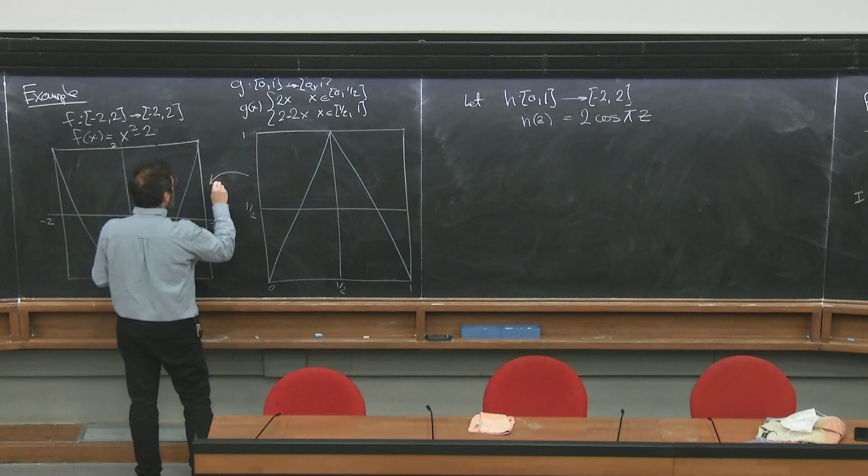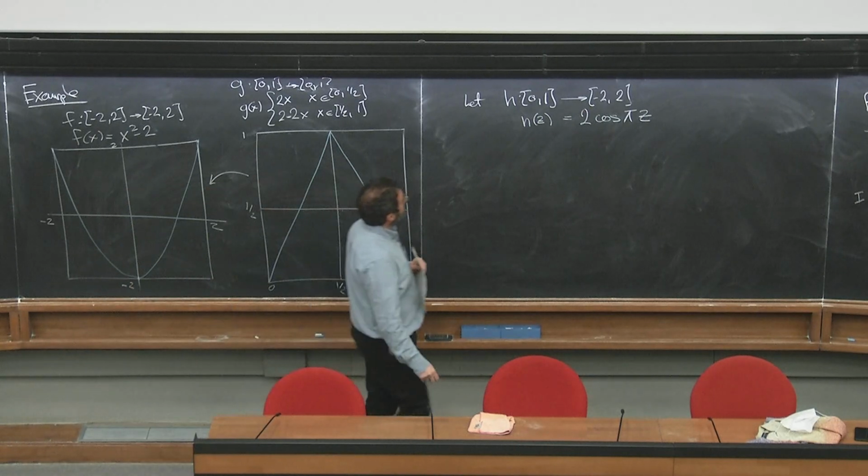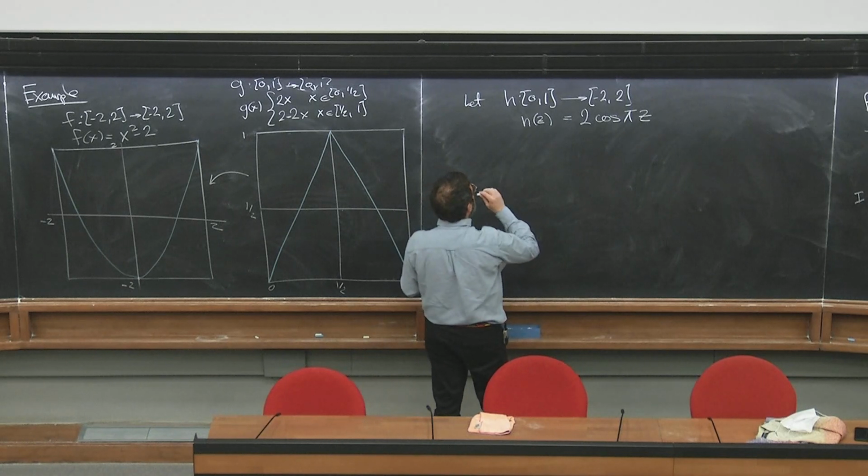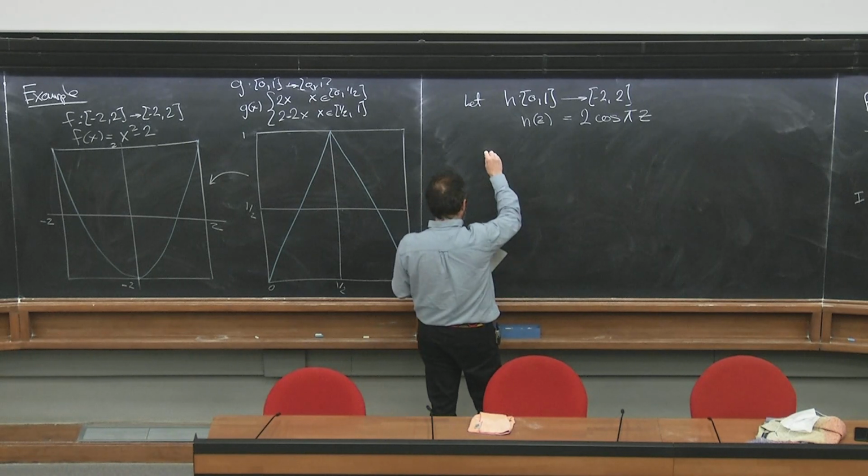So what does this map look like? Let's just make sure that it works. So this is a map from 0, 1 to minus 2, 2.